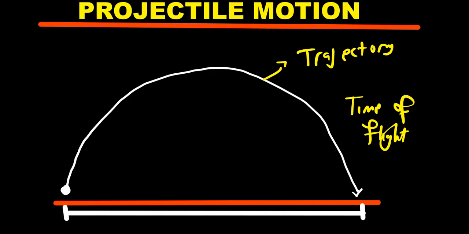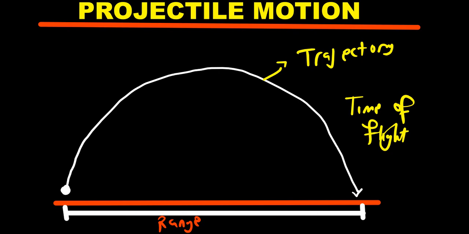This will be called the range. And this bell shape that we've seen is just called the parabola.